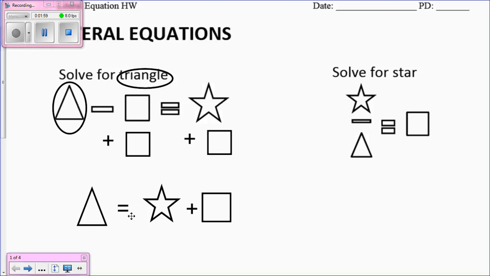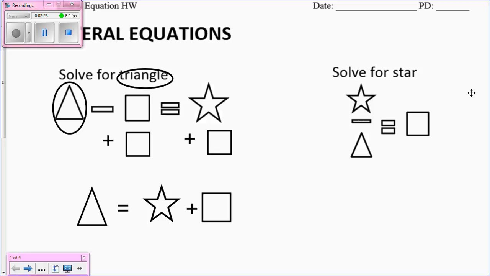So I get the triangle equals a star plus a square, whatever that means. Okay, so this is going to be the hardest thing you guys have to struggle with: you're not going to be able to simplify to just get one number. You have to accept that sometimes you can't simplify very far, and then you just write what it means. So to get a triangle, it's just the star plus the square.